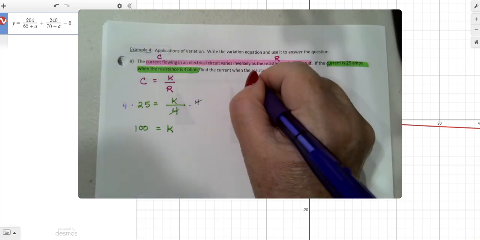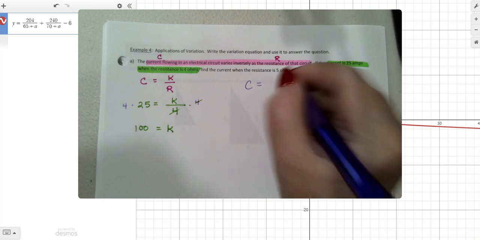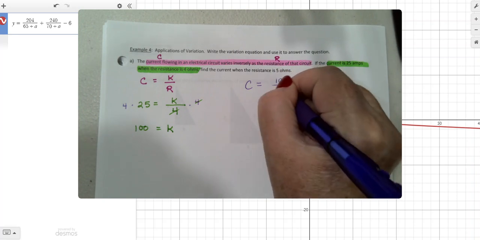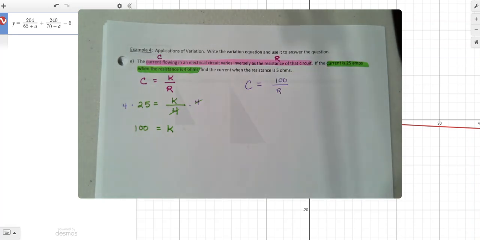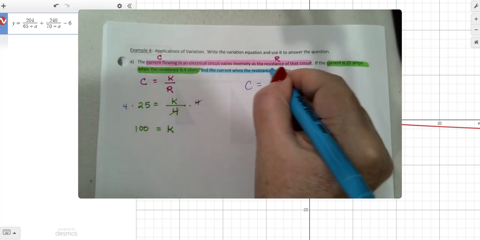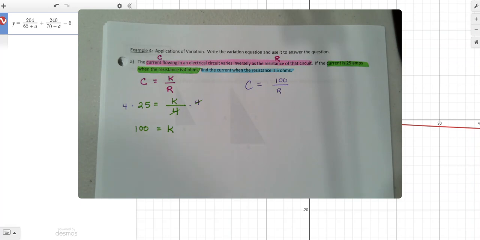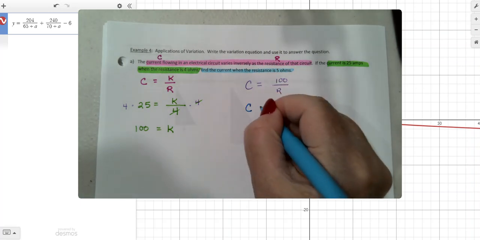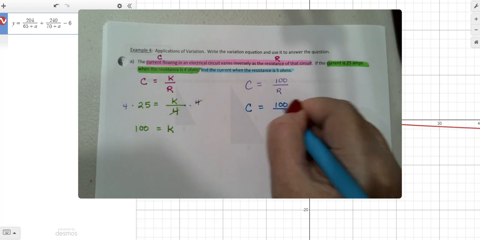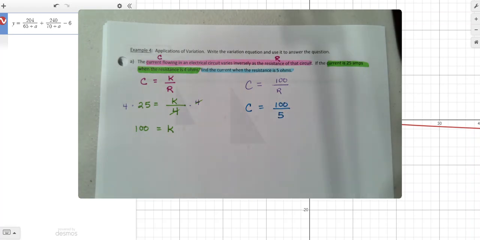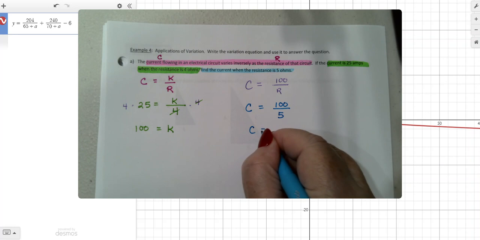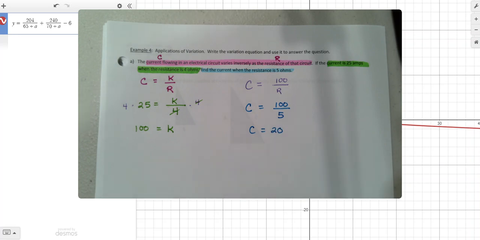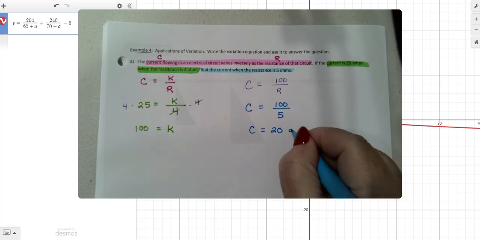All right, so I now know that C is 100 divided by R. And I'm ready to find the current when the resistance is 5 ohms. So I'm trying to figure out C, and I know that R, the resistance, is 5. So it looks like C is 20, and my current was in amps.